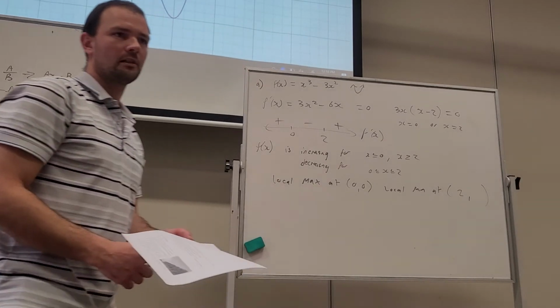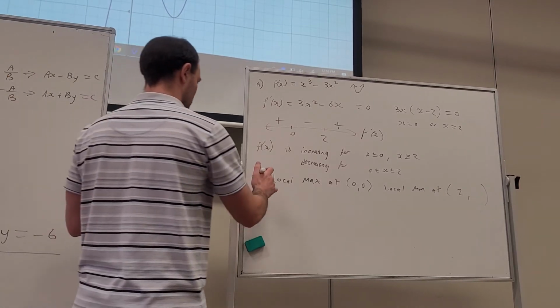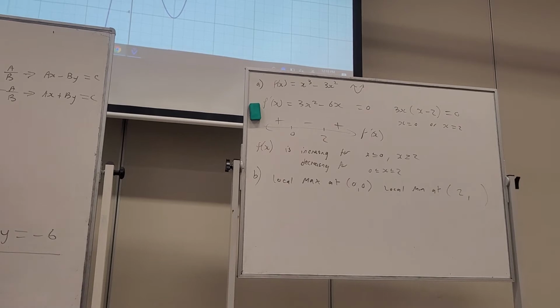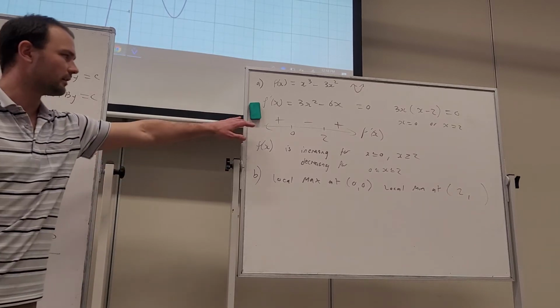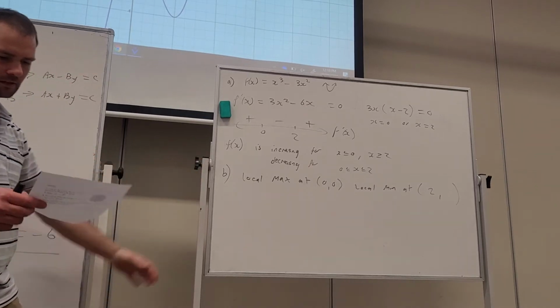To find the y value, you need to put it back into the original function. Okay, how else could you do that? G solve max, G solve min. So they're just getting you to use calculus methods. This is how we use calculus methods, is the f dash of x. So use your calculator to help you, use it to check your answers.